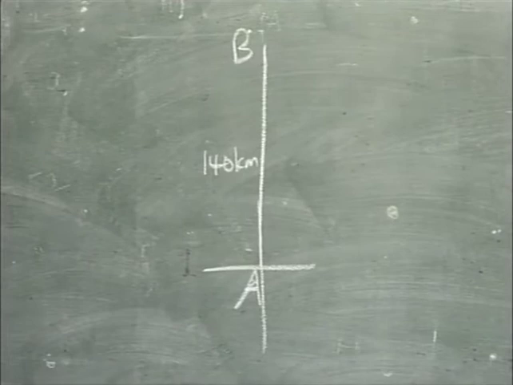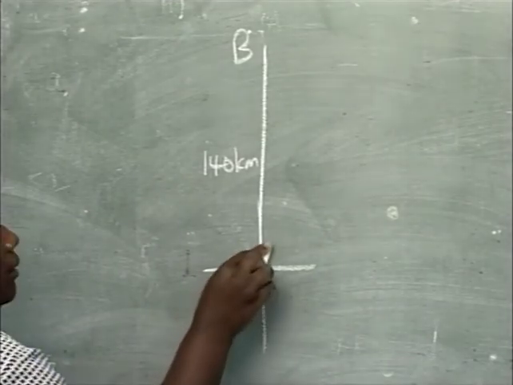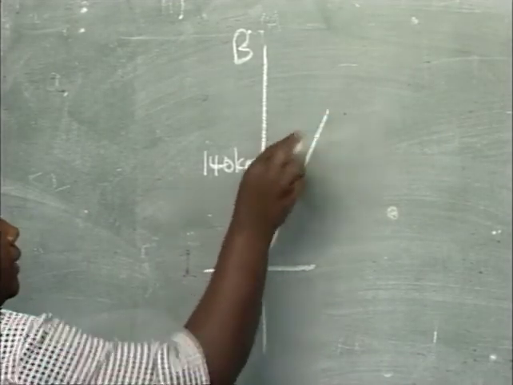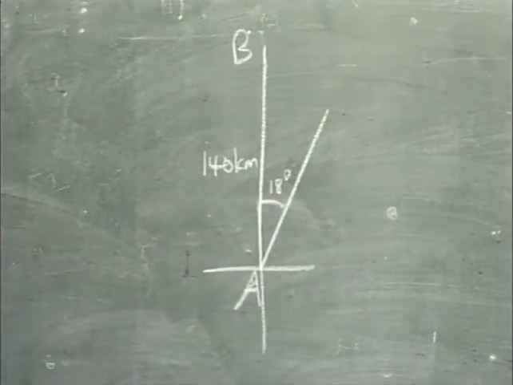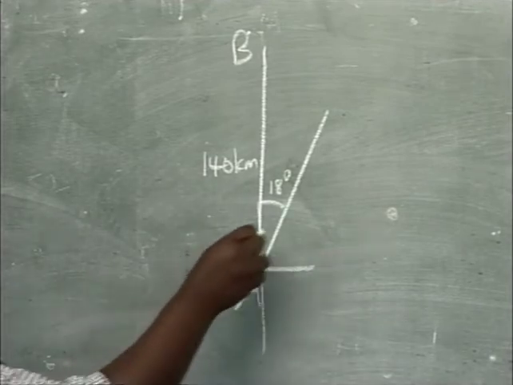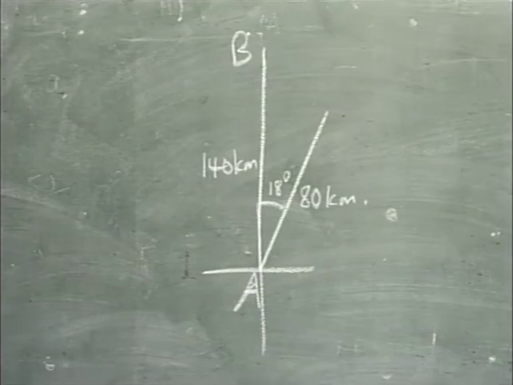You are told the aircraft flies on a course of 18 degrees east of north, which is just northeast. So the plane flies in this direction, a bearing of 018 degrees, and it flies a distance of 80 kilometers.